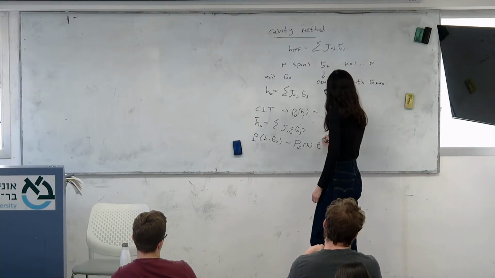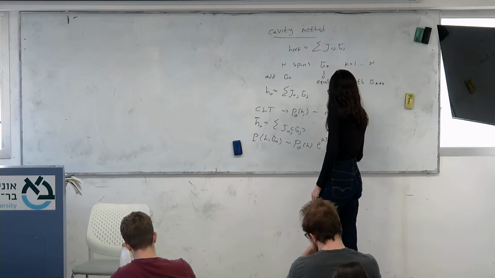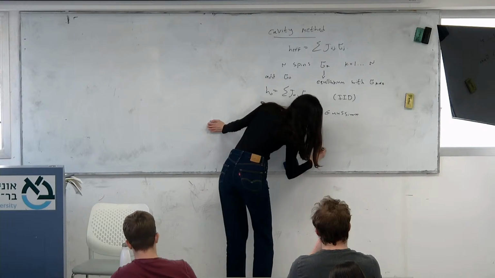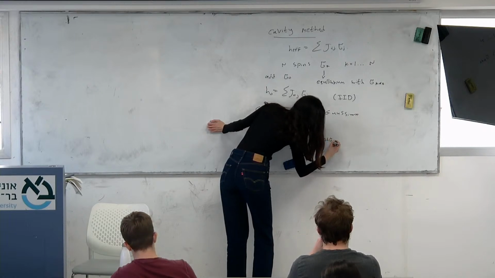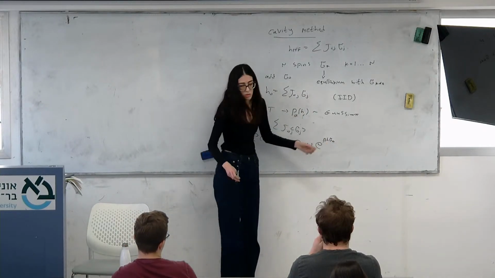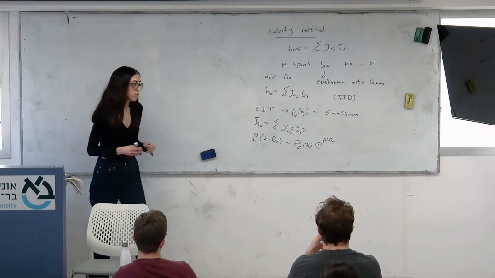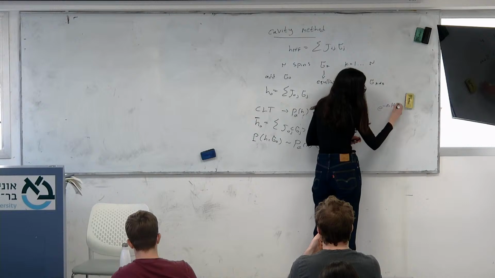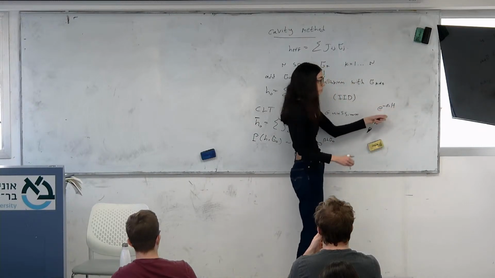So this is e to the beta H sigma 0 (with the coupling J), since the Boltzmann weight is e to the minus beta multiplied with the energy, right?